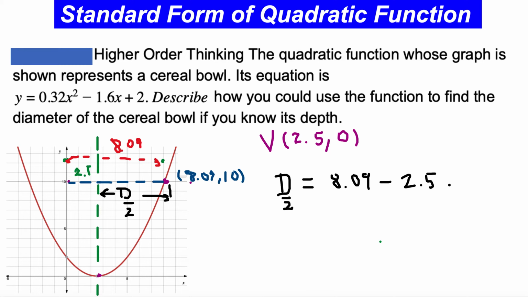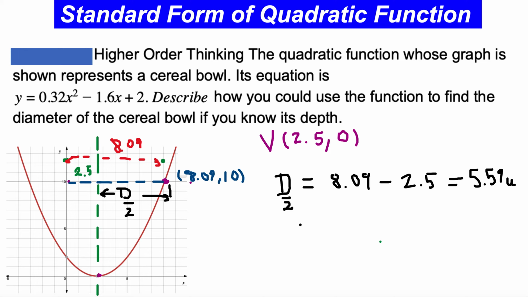When you put this in a calculator, you are going to get the result 5.59 units. We don't know what units we are looking for, whether centimeters or inches or whatever, because the units are not given. Let's say units.